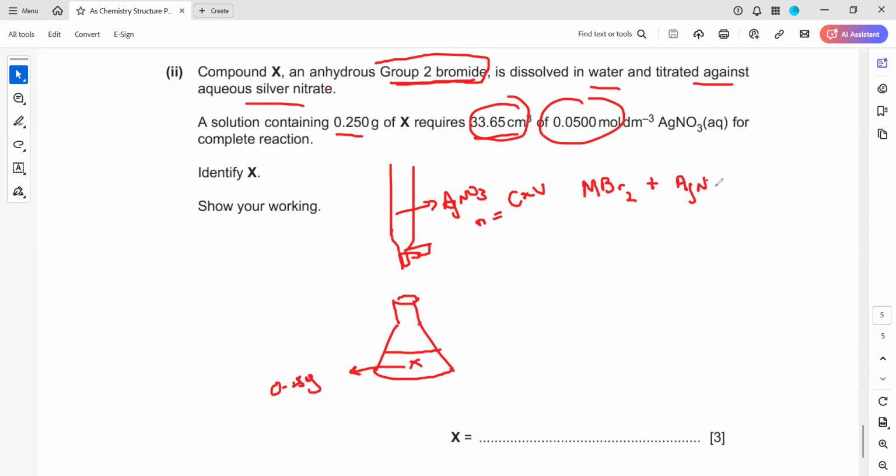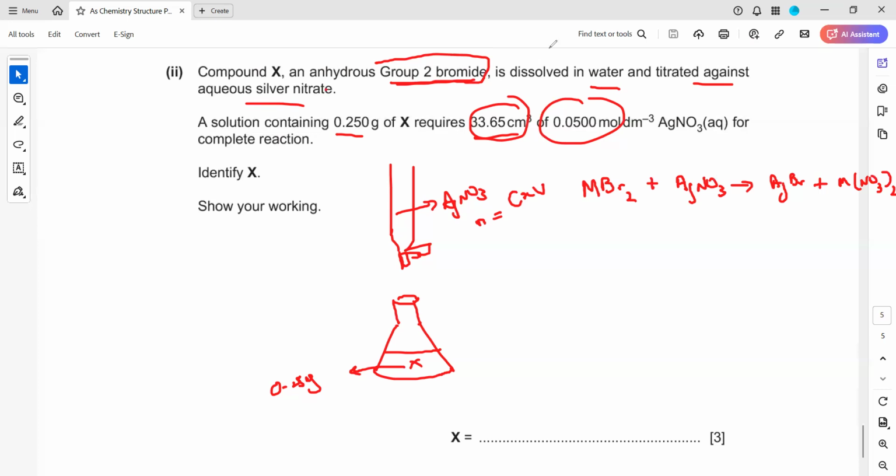When it reacts with silver nitrate, a displacement reaction will occur. Silver will take the position of the group 2 metal. So this will be AgBr, silver bromide, which is a cream precipitate, not yellow. Yellow is for iodide. And then a group 2 nitrate will be there.